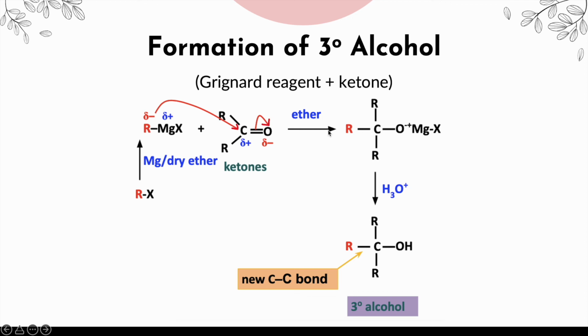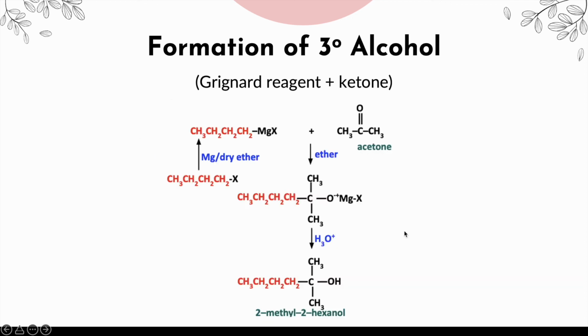Okay, carbonyl carbon in ketone will form single bond, and then next reacts with acidified water to form tertiary alcohol over here because the OH group is attached to tertiary carbon. This carbon has 3 R groups attached, so this is tertiary alcohol.